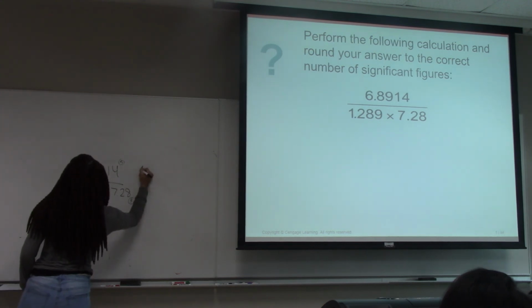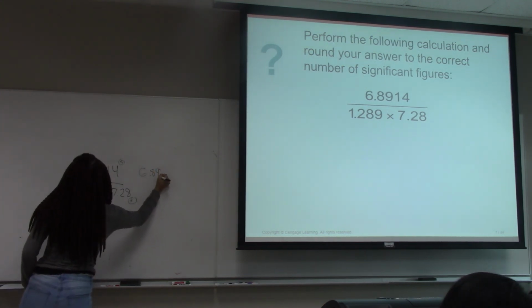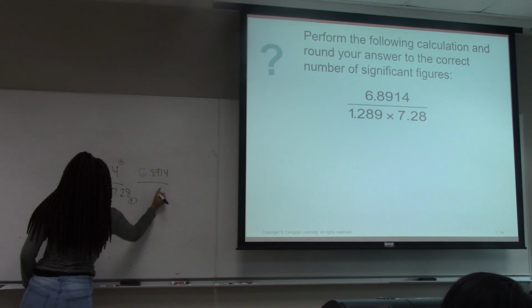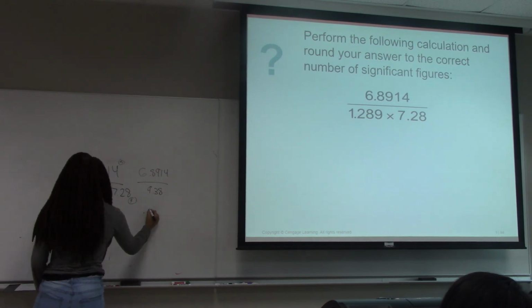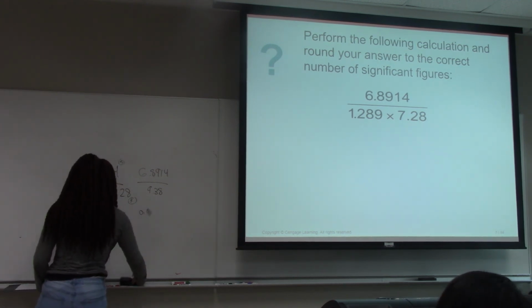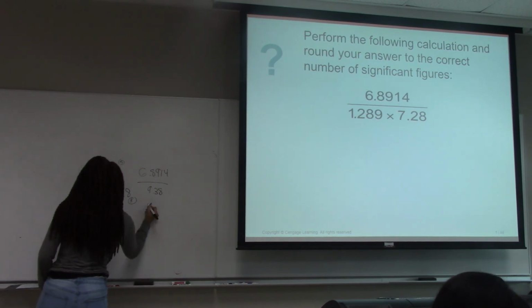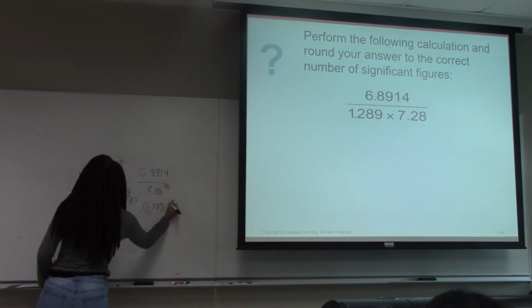So now you have 6.8914 divided by 9.38. And that gives you 0.735, because you're only taking 3 terms again for the 3 significant terms.